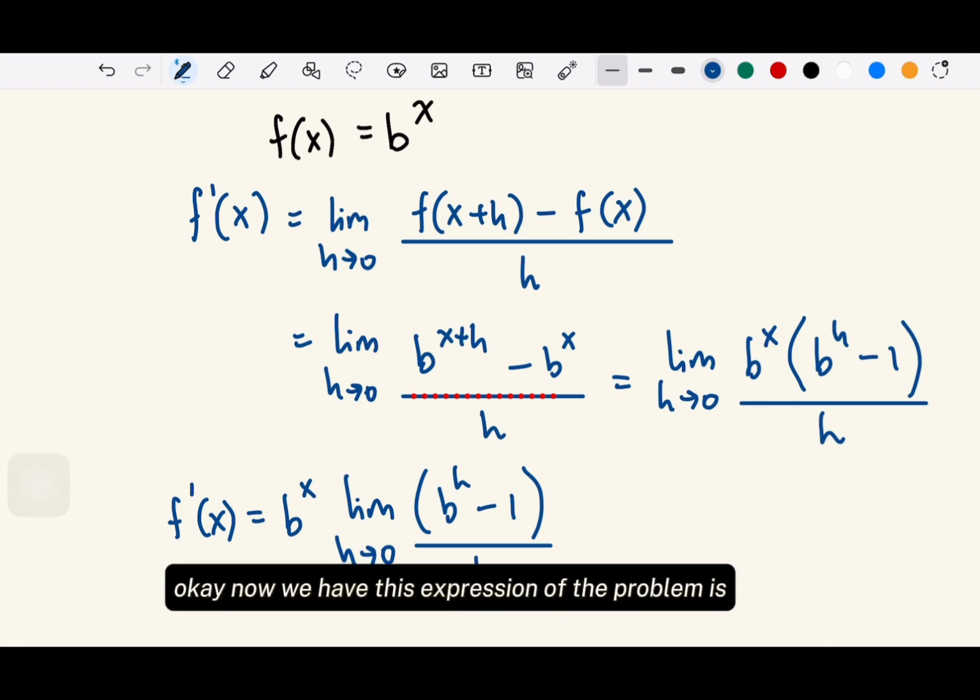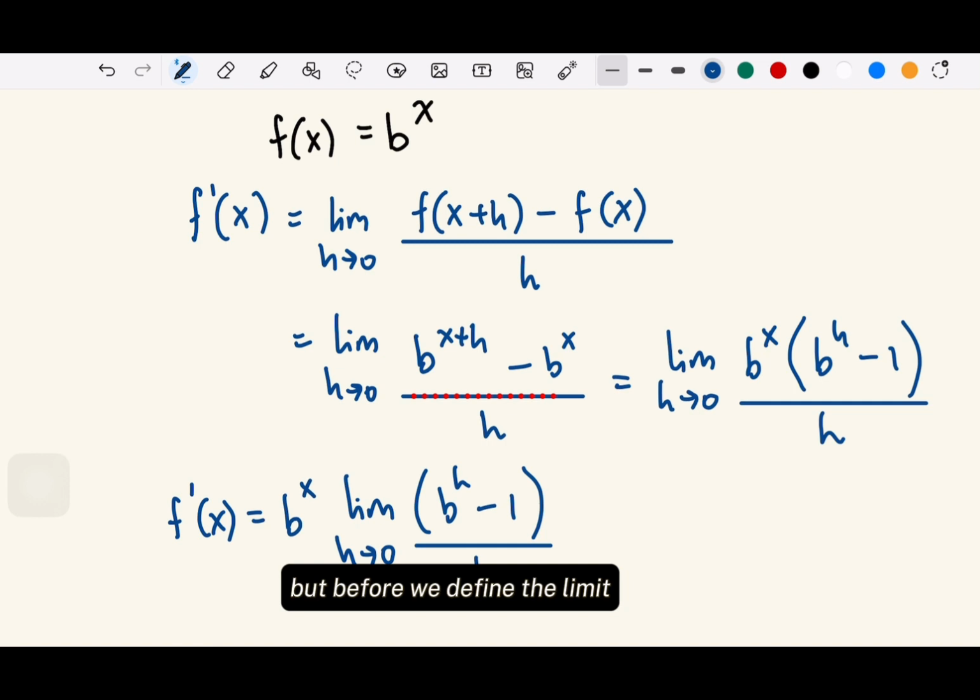Now we have this expression. Now the problem is we need to make some definition on this limit. But before we define the limit, if we take x equal to 0 and put 0, what happens? This is a number with power of 0. It becomes 1. So actually this part is the derivative of f at x equals 0, right?